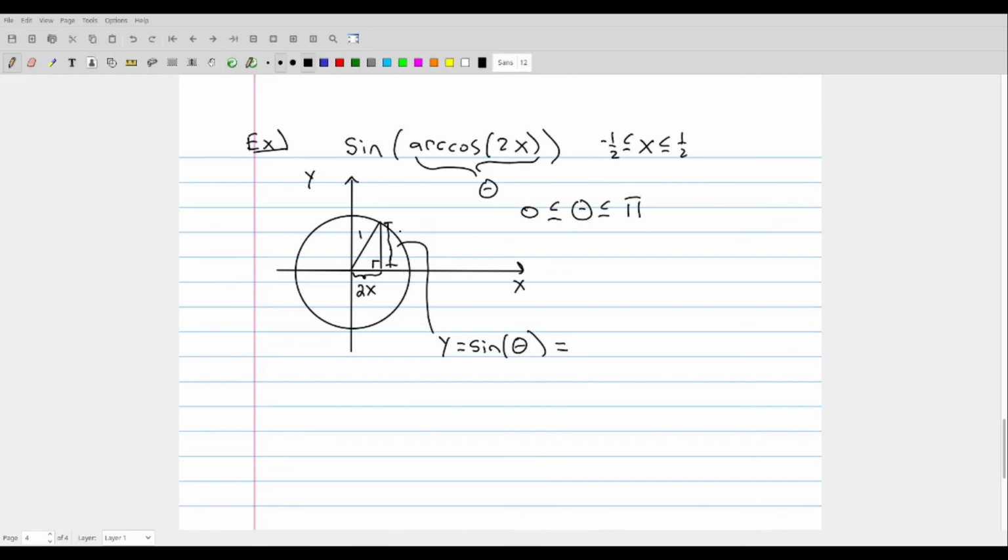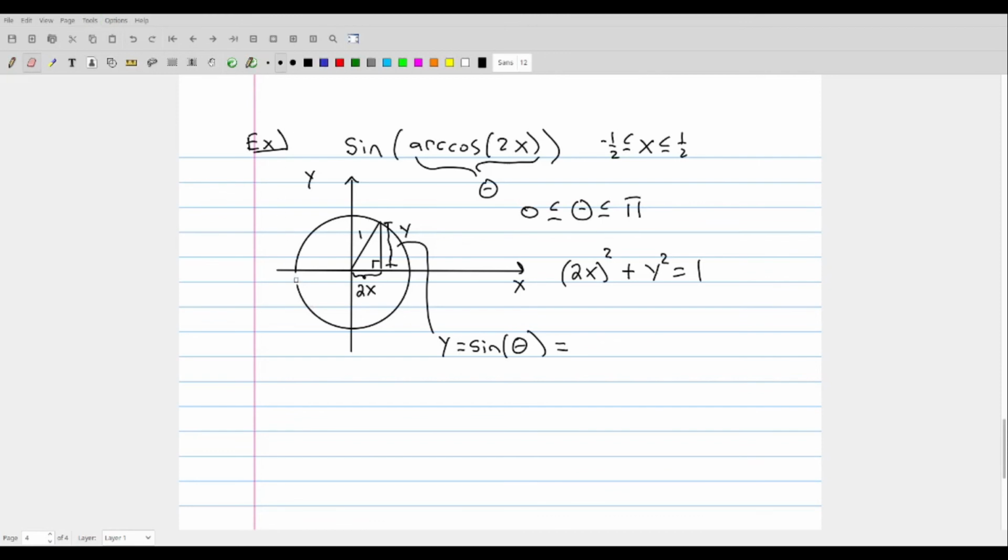We know that on the unit circle this distance squared plus whatever y squared is equal to 1. And we're on the top of the circle, so I might even erase the bottom part of the circle, because we're only interested in theta from 0 to pi, because this is the correct range for the arc cosine function. So let's do that.